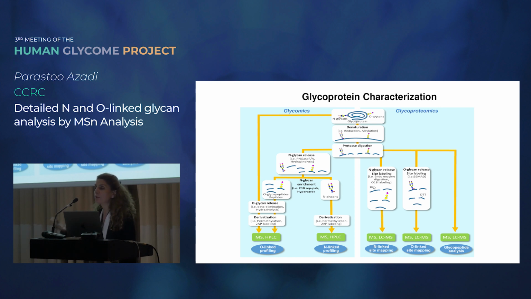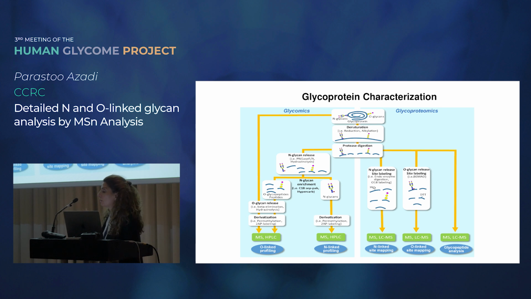Predominantly in my lab, we permethylate glycans prior to analysis. We can also label the glycans and then do HPLC or LCMS, but as will become clear a little later, we predominantly permethylate, basically replacing all the hydroxyl groups with methyl groups in order to increase sensitivity for the glycans and also enable us to do detailed structural analysis, sequencing of the glycans, looking at the reducing end versus non-reducing end, and the moieties attached to different sides of the molecule.